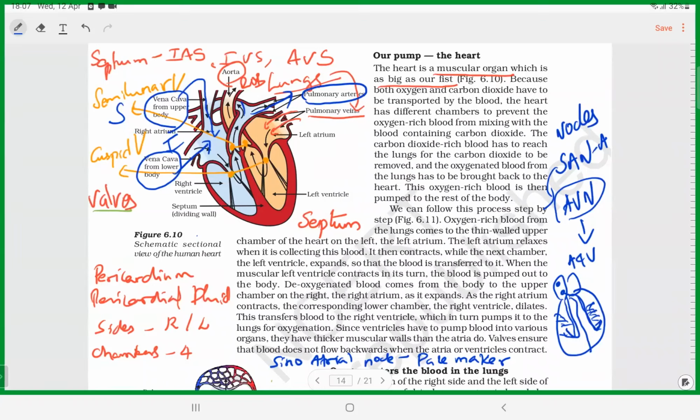All these things you should know. Is it clear? Anything you want to clarify at this point? Can you understand the components of the heart?